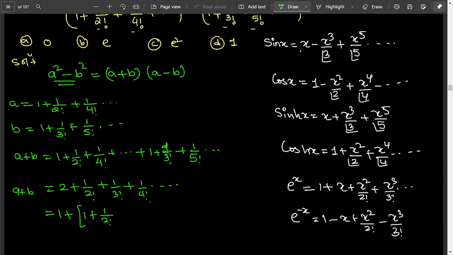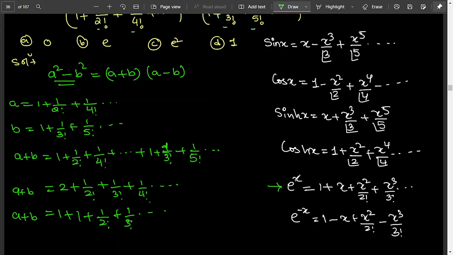Right. So if we see, I can compare it right here. 1 plus 1 plus 1 upon 2 factorial plus 1 upon 3 factorial and so on. This is my a plus b. If I compare this with this exponent expansion, then if I put the value of x to be 1, I'll get 1 plus 1 plus 1 upon 2 factorial plus 1 upon 3 factorial, this one.